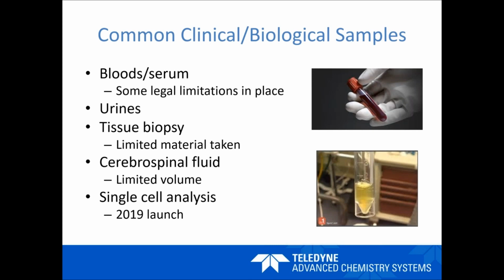In a lot of cases, volume is not an issue, but there are legal limits, legislations in place in certain cases. Urines is another one. With tissue biopsies, you might be looking at limited material, and that material might need to be shared or split between different analyses.